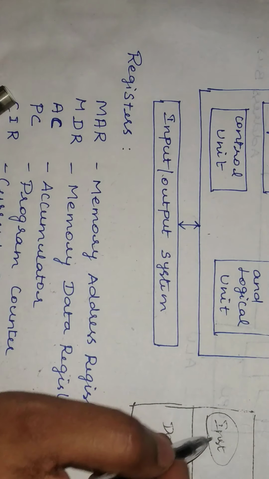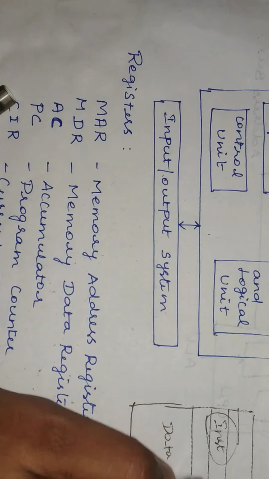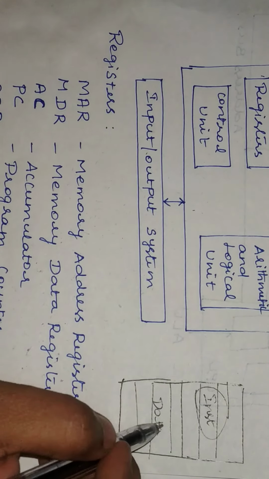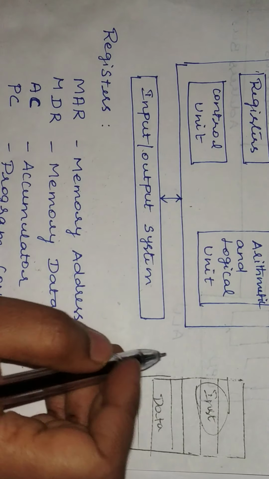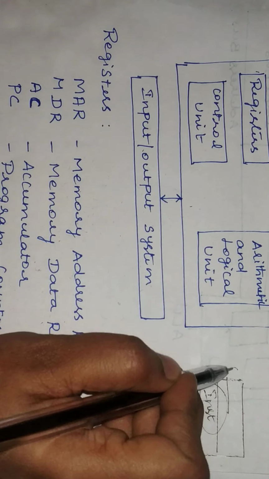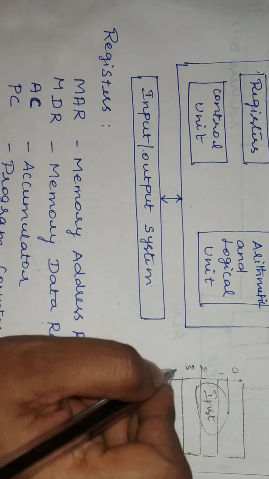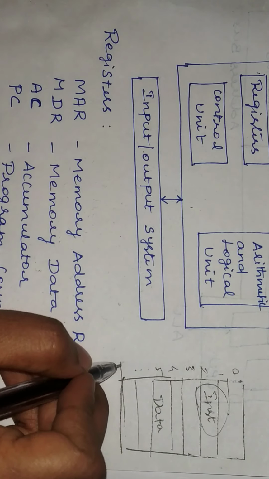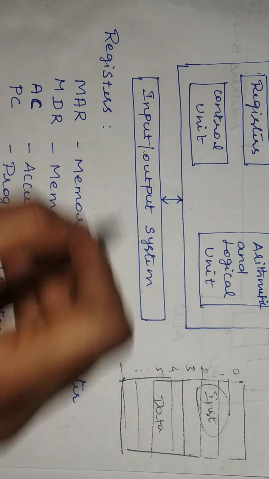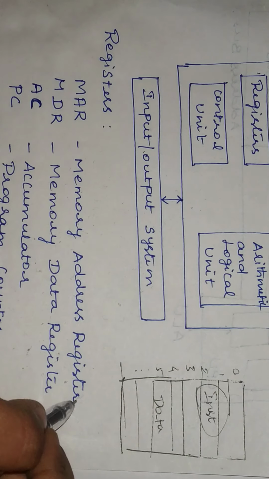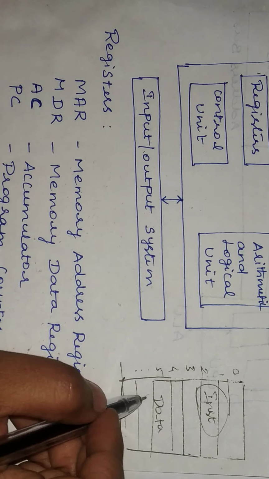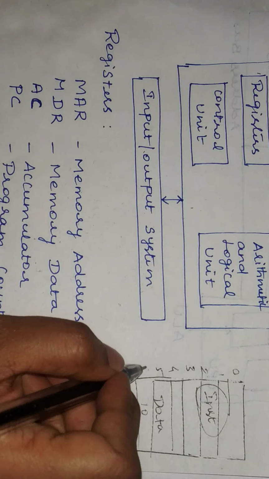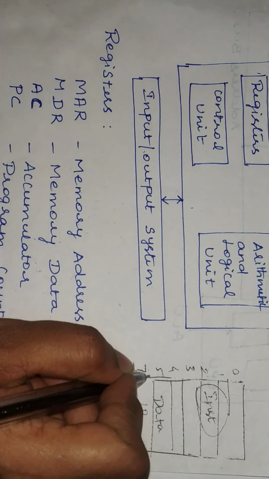Here memory will be stored sequentially. One by one, the data or even the instructions will be stored in the memory. If you look at it, the addresses are sequential like this, and it ends according to the size of the memory, ending with a location number. Here with the MAR, suppose you want to store data, and the data is 10, and we are storing it in location 7.